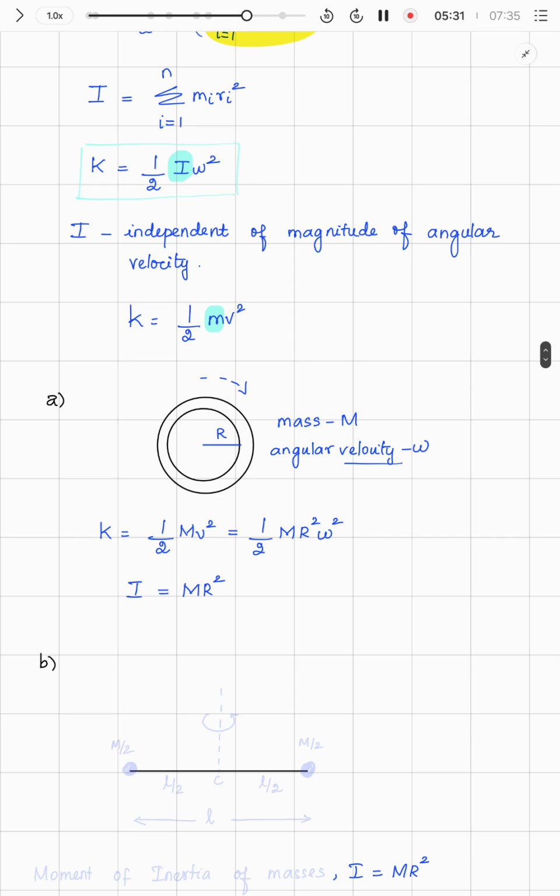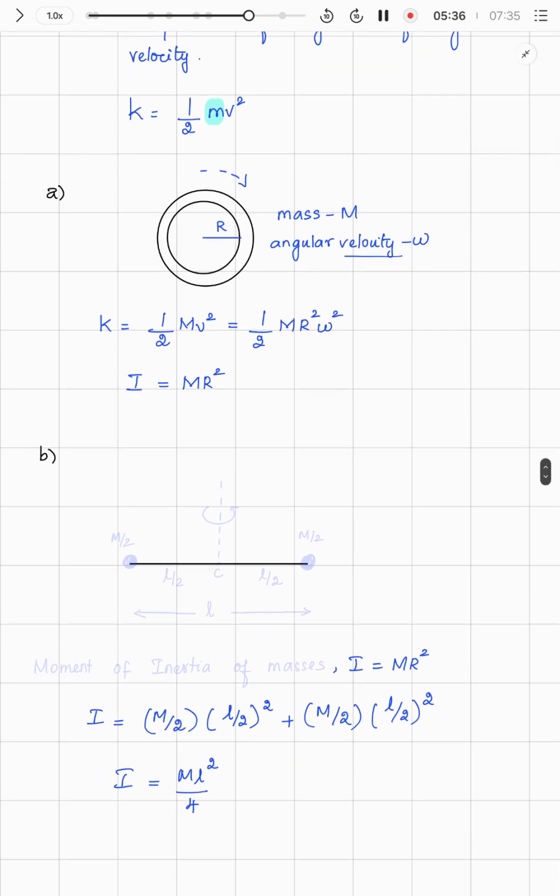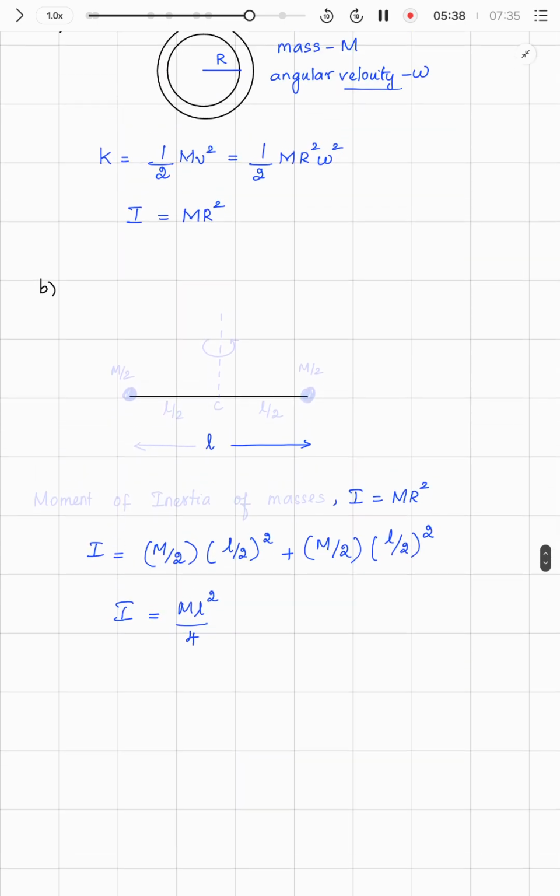In the next case, we are going to take a rigid rod of negligible mass of length L. The total length of this rod is L, with a pair of small masses rotating about an axis through the center of mass perpendicular to the rod.